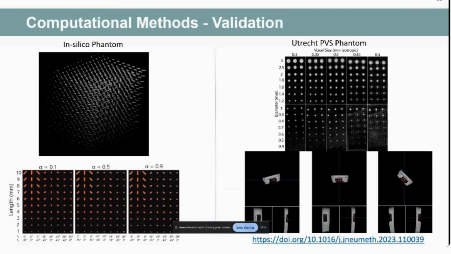In order to validate this, we also rely on a physical phantom that was developed at UMC Utrecht to compare. We saw a good agreement, and we use the in silico phantom now to try our filters, see the limits, see where they don't behave correctly, and analyze if we can measure PVS in a reliable way.